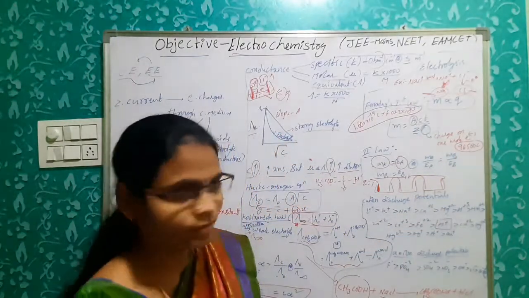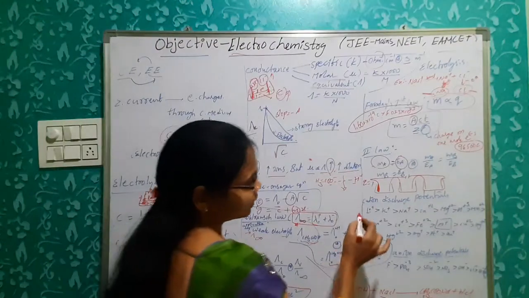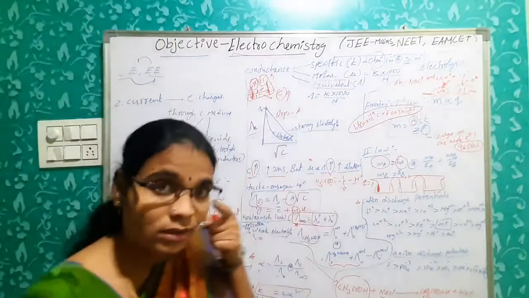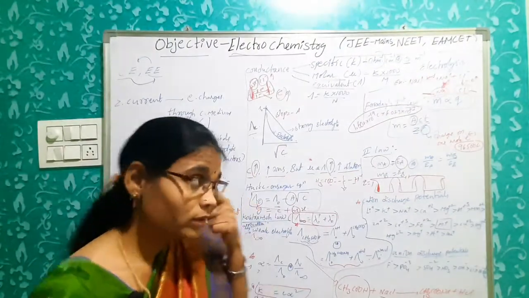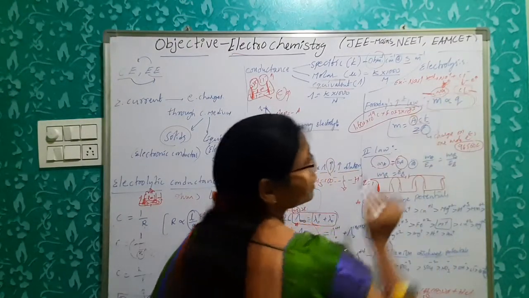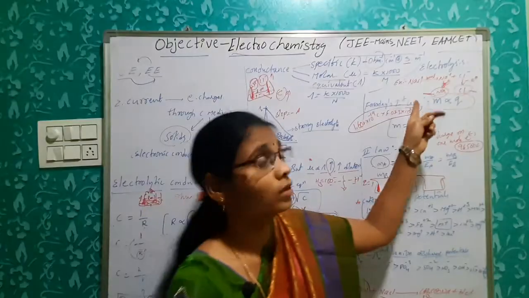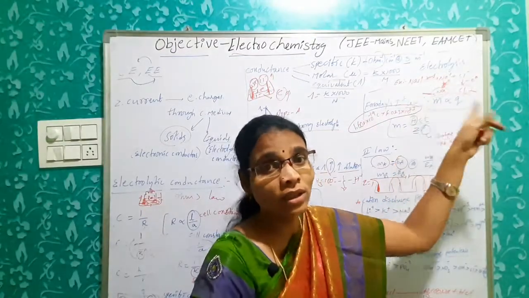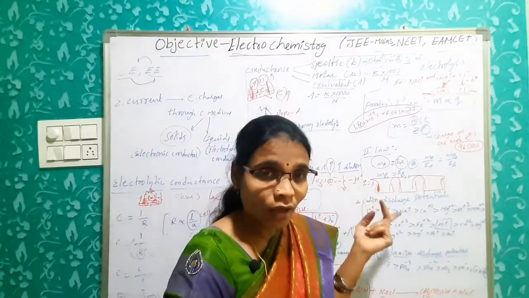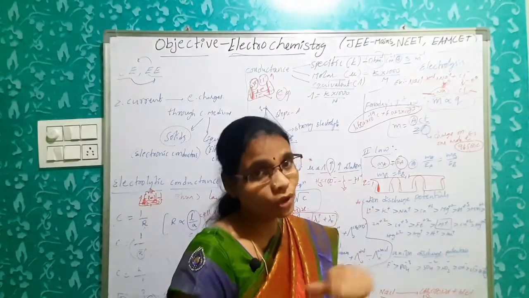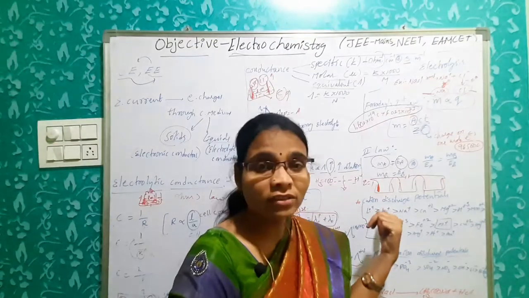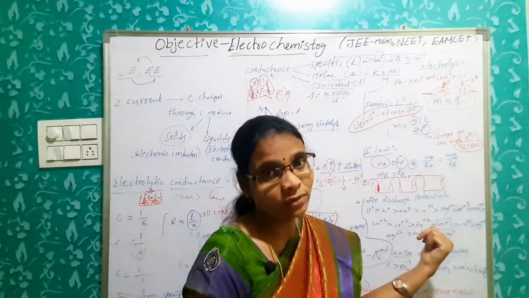Clear? Next, during electrolysis, suppose sodium chloride decomposes to give Na+ and Cl- ions, so at the cathode there is only one cation and at the anode only one anion. If more than one anion or cation is present in the solution, which will be discharged first?